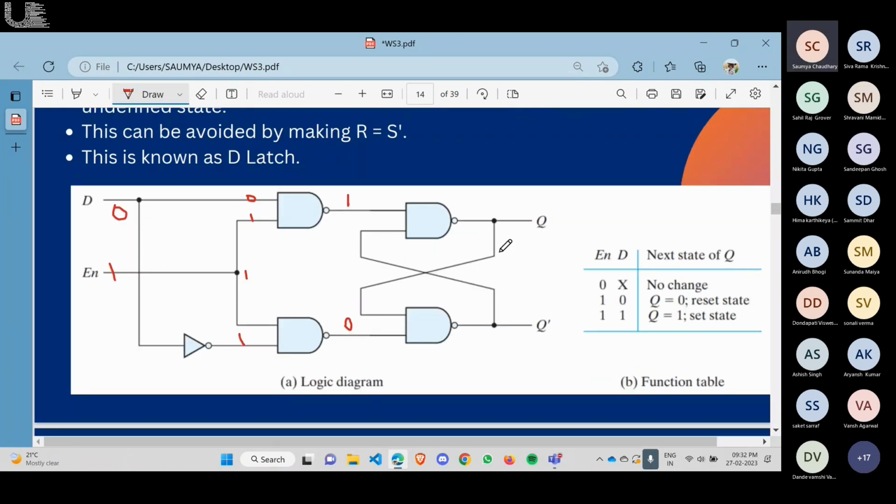Here we will give the input as Q, which will be 0. Q prime we are getting 1, so Q will be 0. So Q will be 0, it's the reset state.